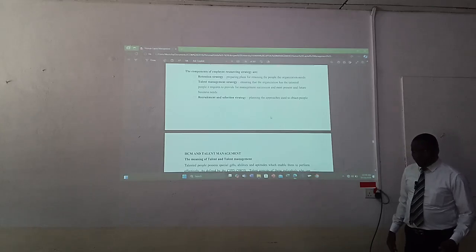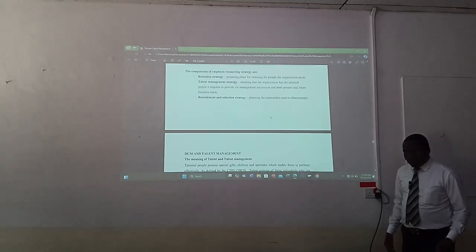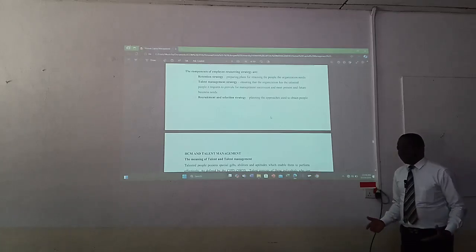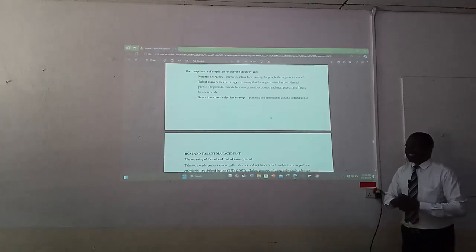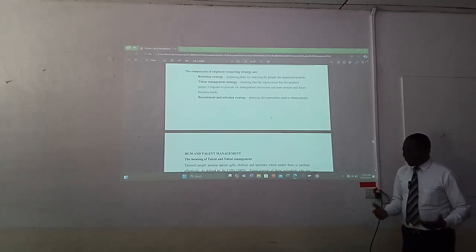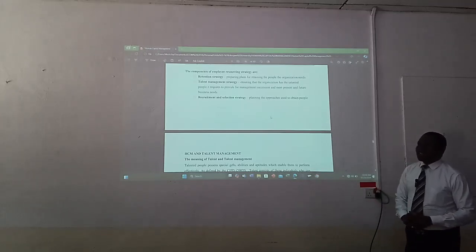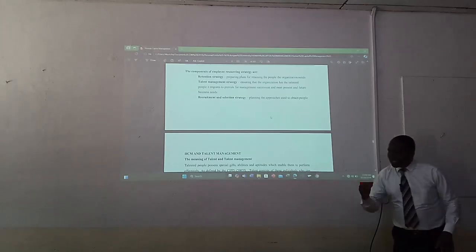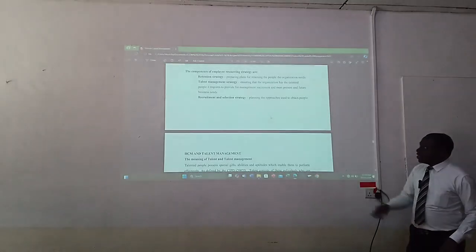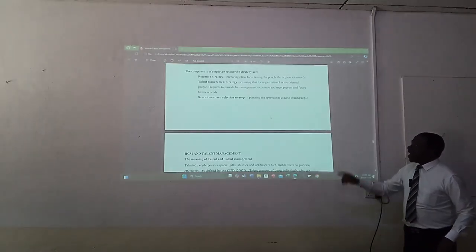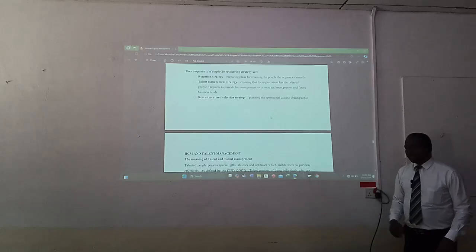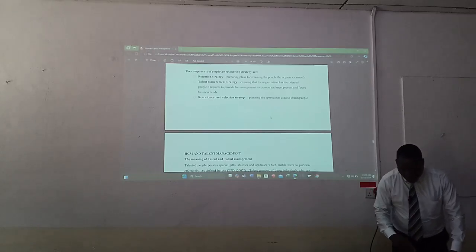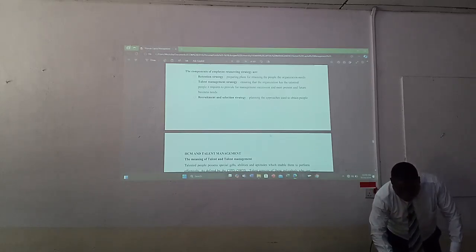If you go into the national newspaper, it is a paper that is read by many people. Before they start working, they start by reading the national newspaper. So with such things, you can easily get the manager that you want. So it needs planning on how you can approach these kinds of people, how you can bring in the people. So it is a component of employee resourcing strategy.